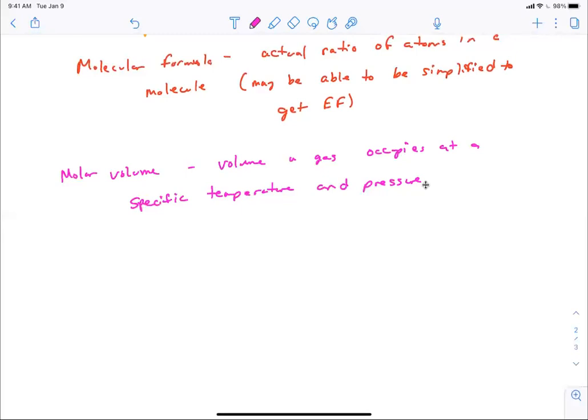And so 1 mole of gas, I should say, just to make sure that that's understood. And so for you at STP, it's 22.7 decimeters cubed at STP, but it can be a different molar volume at other temperatures. And so you may be expected to be able to calculate the molar volume of a gas at different temperatures and pressures. So understanding that is important.